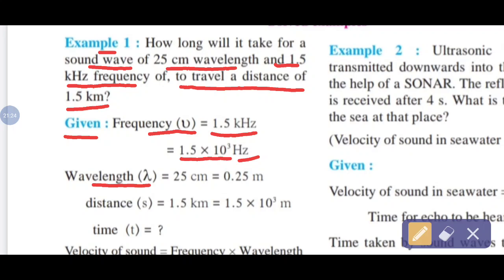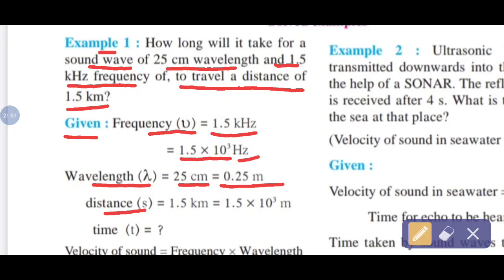Wavelength is also given, that is 25 centimeter. Centimeter is the CGS unit of distance or wavelength. This is the length of a wave, so that is one type of distance. So convert into meter. Divide by 100, since 1 meter equals 100 centimeters. We get the answer in meter, that is 0.25 meter.